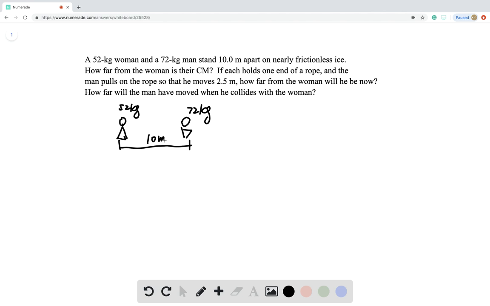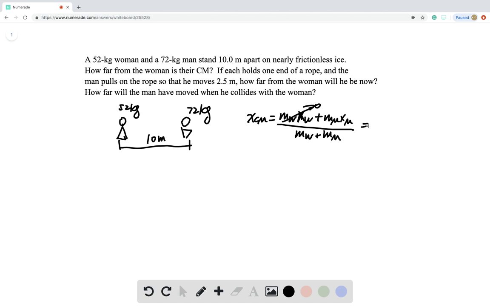We just calculate Cm equals the mass of woman times distance of woman plus mass of man times distance of man, over mass of woman plus mass of man. Because we're asking how far it is from the woman, x of woman is 0.